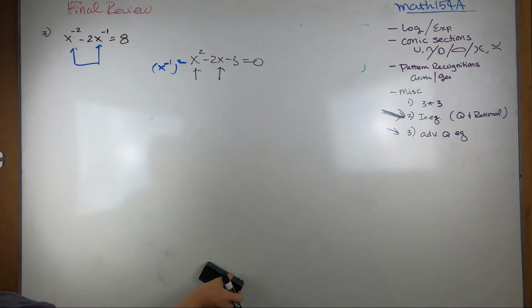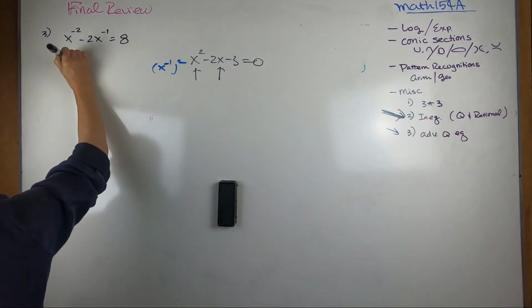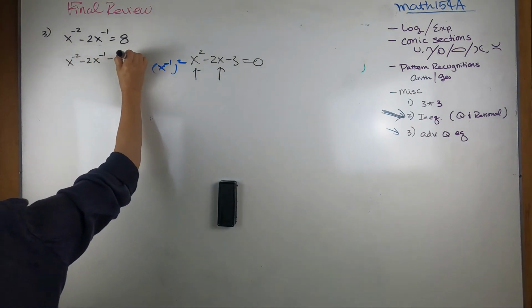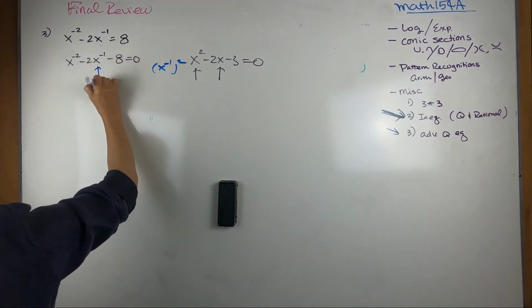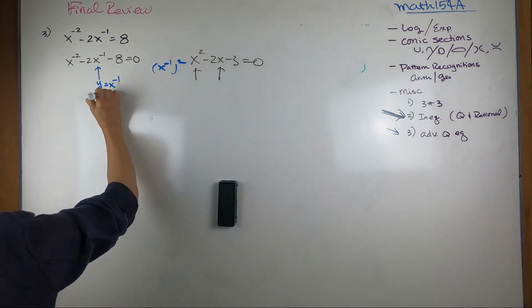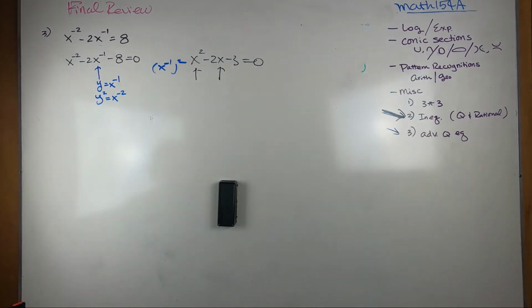Then how do we do that? Let's just write it in the standard form first. That will be minus 8, right? Then if we make y equals x to the negative 1, right? Then your y squared will be what? Take a square, will be x to the negative 2. Is that right?